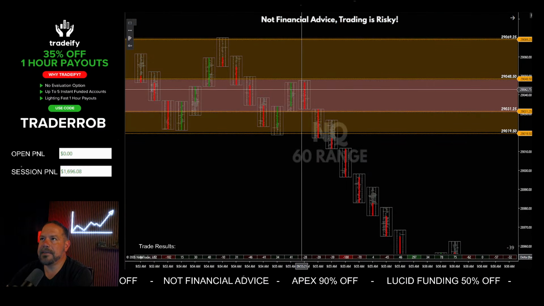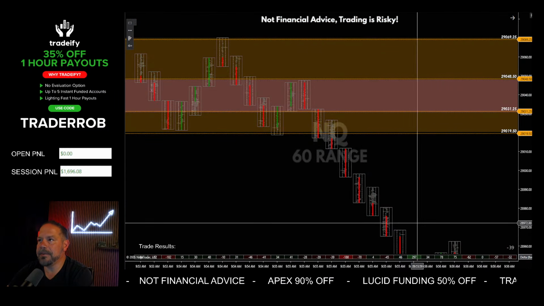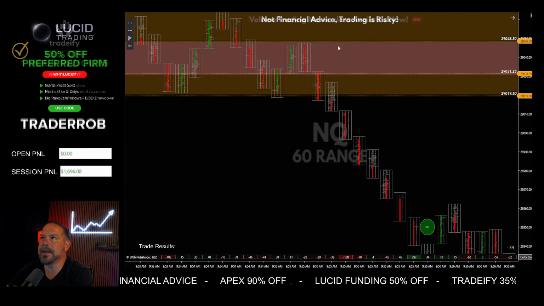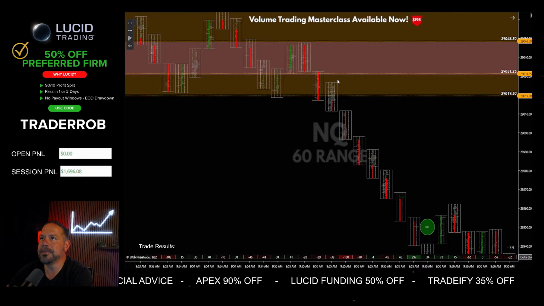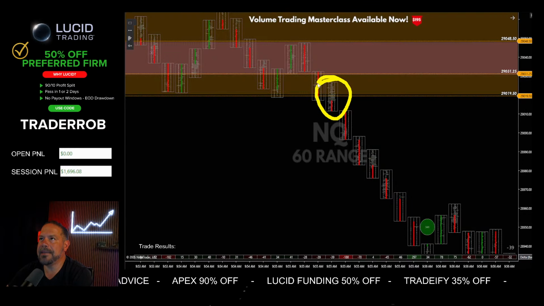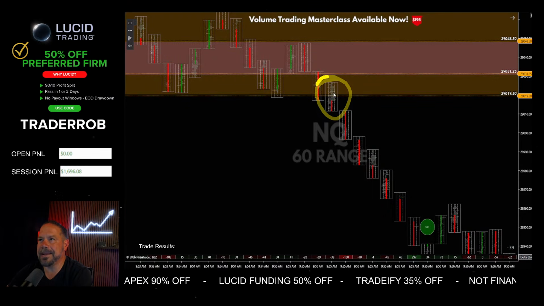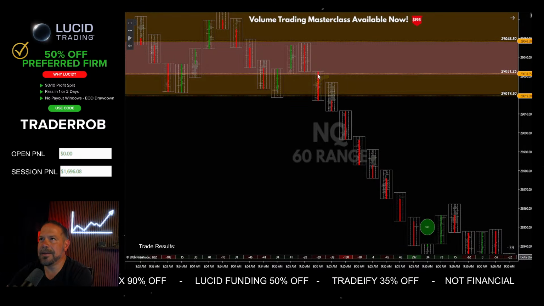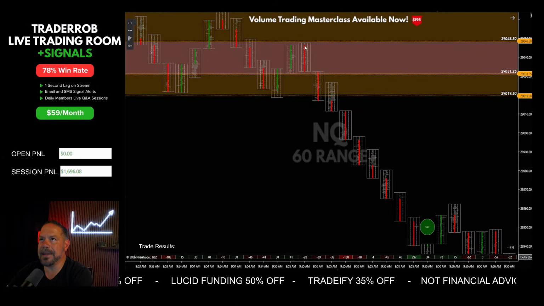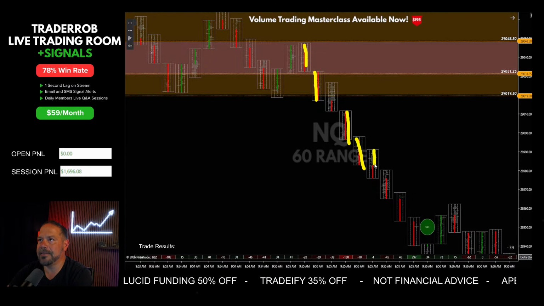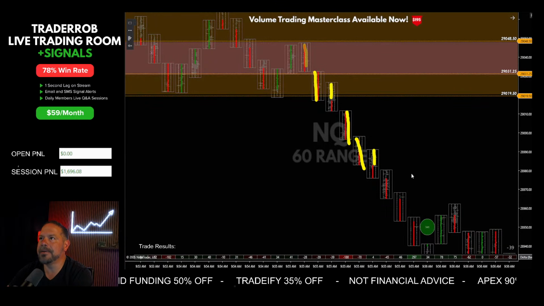And as you guys can see here, nice little impulsive move. The only little issue with this guy, which is why I didn't put this in my signal group, is that we've got this kind of balanced out volume. You can almost see the footprint, you can almost see the candlestick: solid, solid, solid, solid, not so solid, not so solid right here.